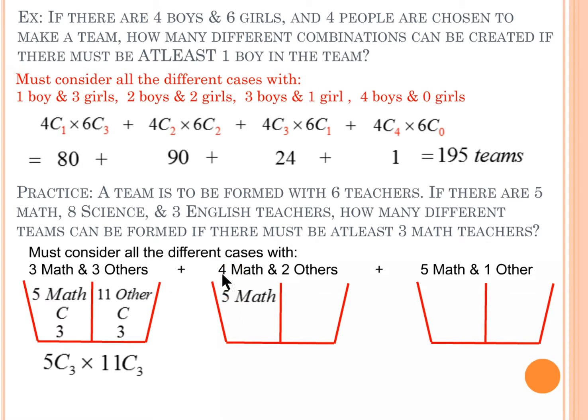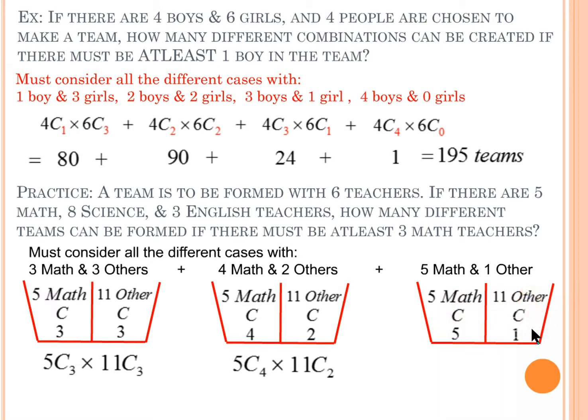Now I need to add that to the 4 math teachers and 2 other teachers. So originally I have 5 math teachers, but I only need 4 of them. And from my 11 other teachers, I only need 2 of them. So that's going to be 11, choose 2. So this will be 5, choose 4, and this will be 11, choose 2. Over here, out of the 5 math teachers, I want all 5 math teachers, and from the 11 other teachers, I want 1 of them.